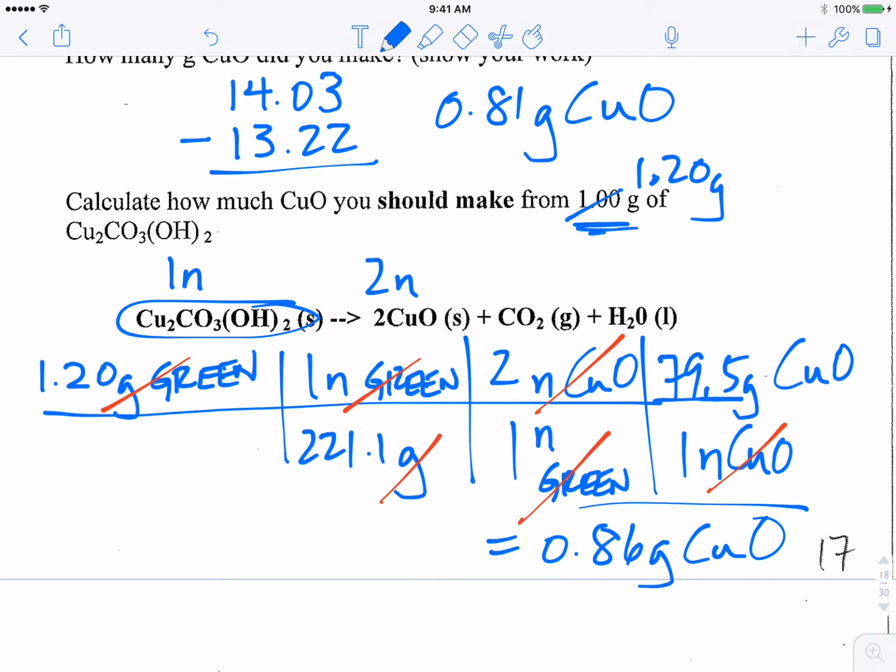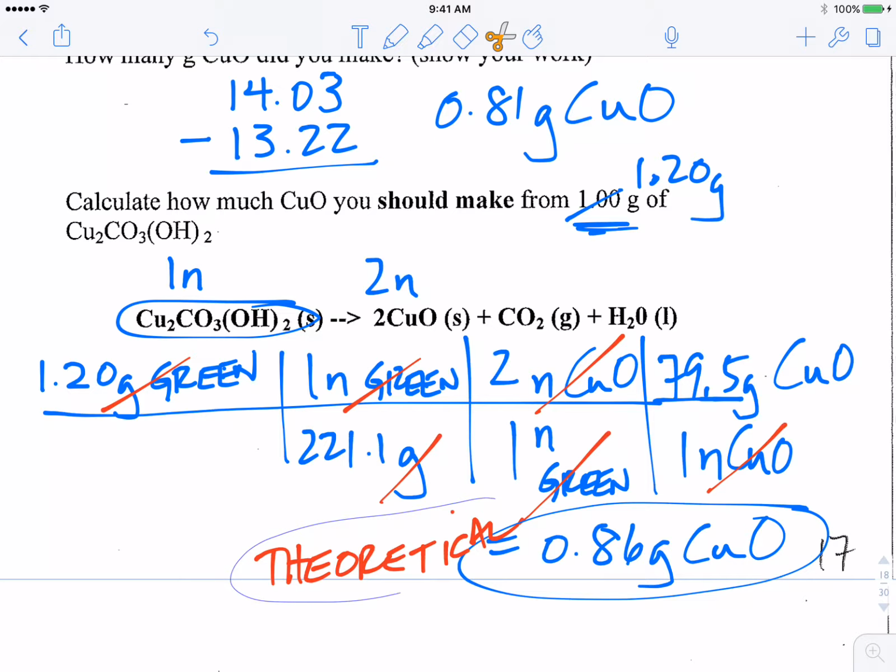So what this tells me, this is what's called the theoretical amount of copper oxide. That if everything went perfectly in my lab, I should have ended up with 0.86 grams of copper oxide. So let's go ahead and label that just so we have this in mind for later. This is what's called the theoretical amount. Okay, let's see if I can move that over a little bit.